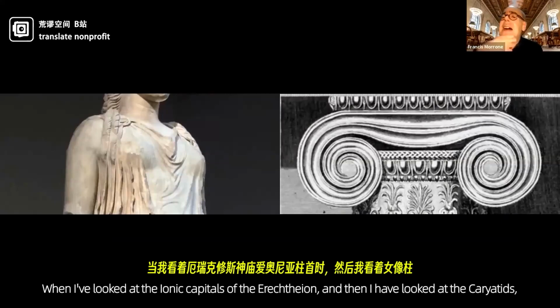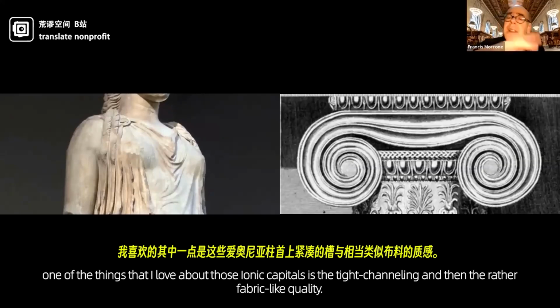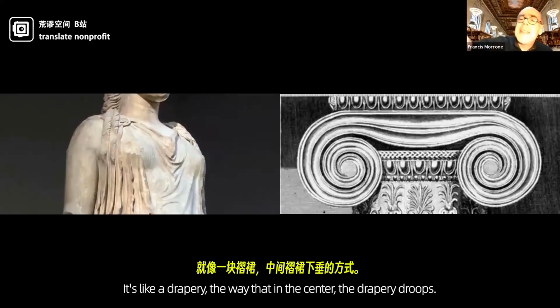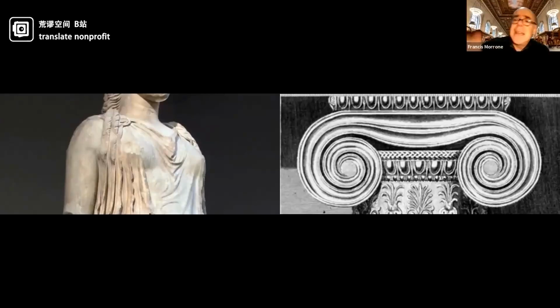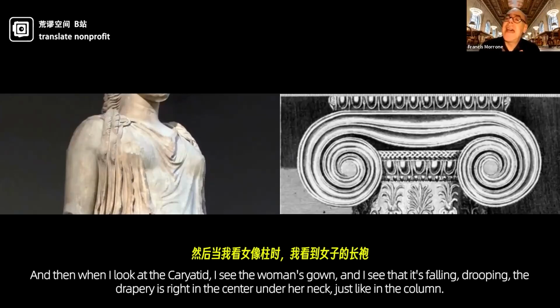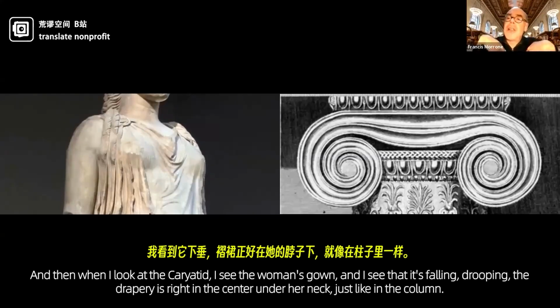Now, here is my view. When I've looked at the Ionic capitals of the Erechtheum, and then I have looked at the Caryatids, one of the things that I love about those Ionic capitals is the tight channeling and then the rather fabric-like quality. It's like a drapery, the way that in the center the drapery droops. And then when I look at the Caryatid, I see the woman's gown, and I see that it's falling, drooping, the drapery is right in the center under her neck, just like in the column.